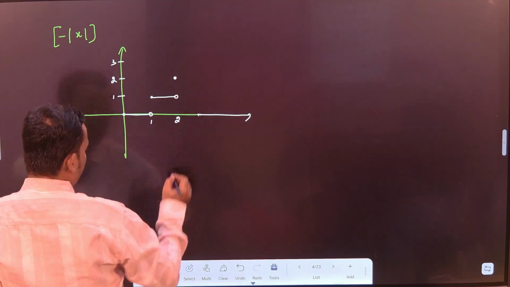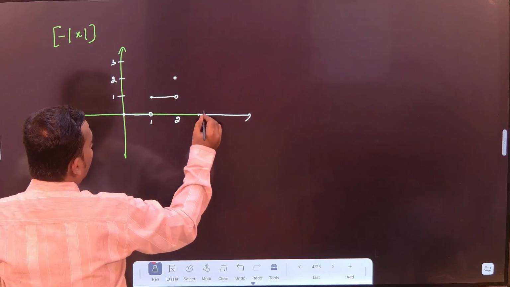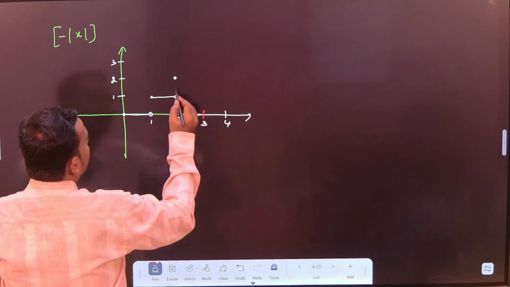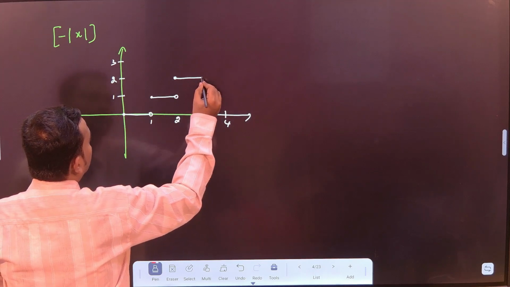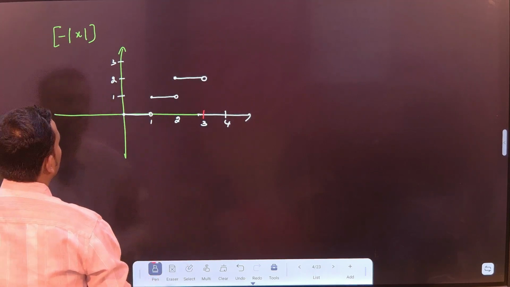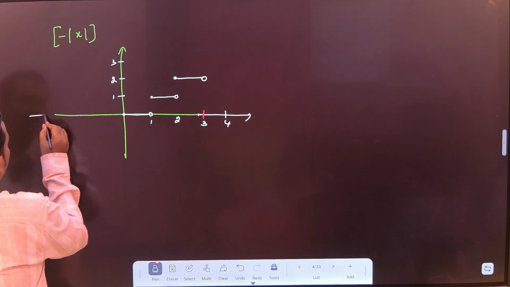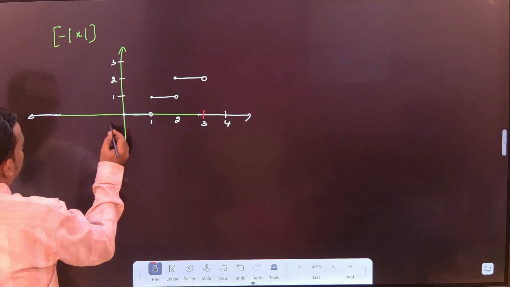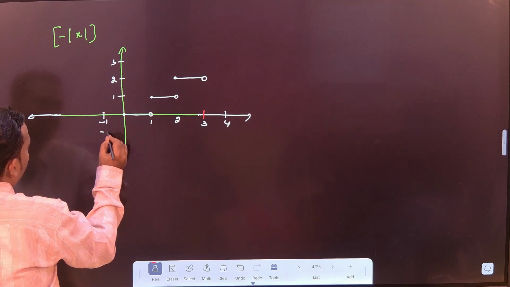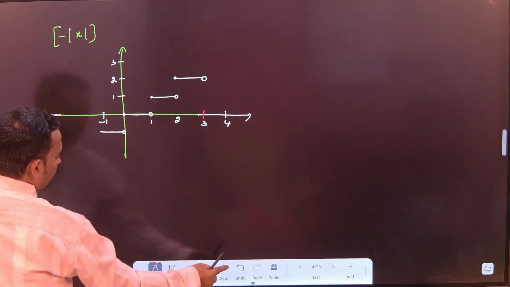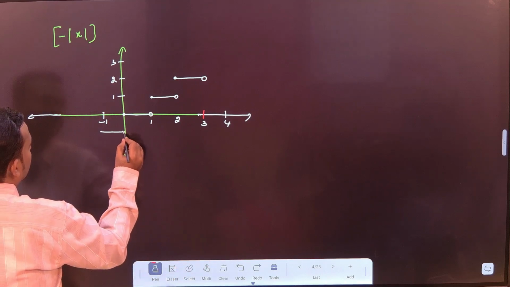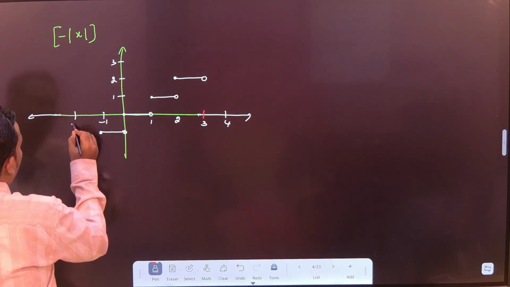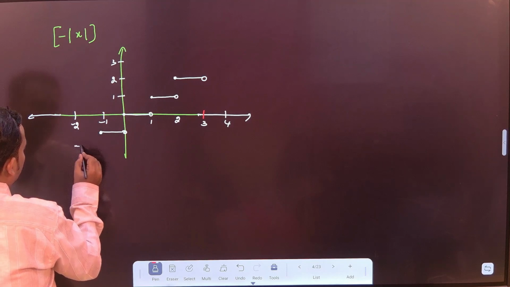So 2 to 3, what is that? Y is equal to 2, right? Correct. Let me take this side, minus 1 to 0. And then here minus 2 to minus 1, right?